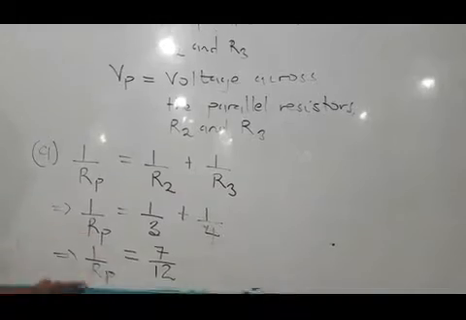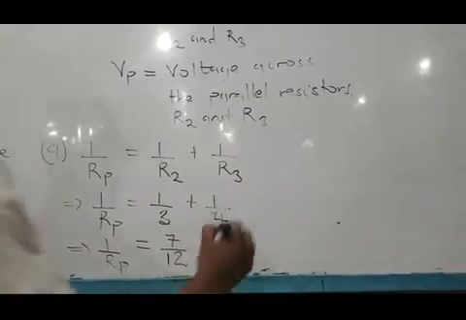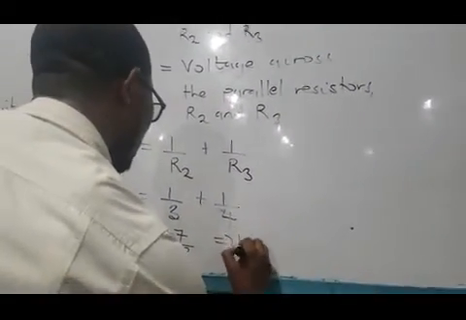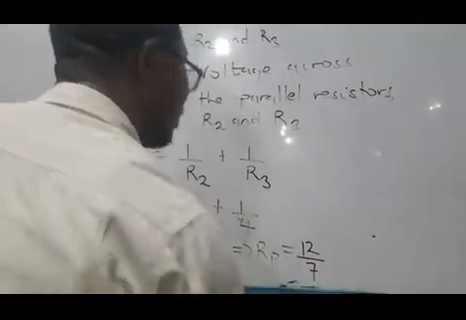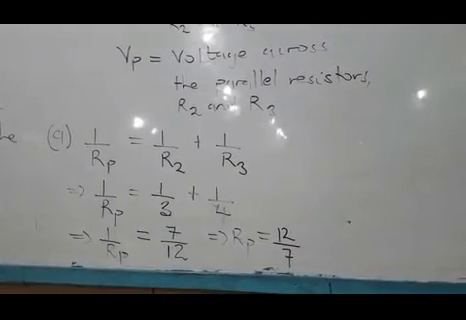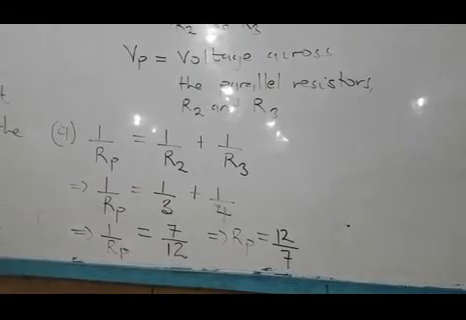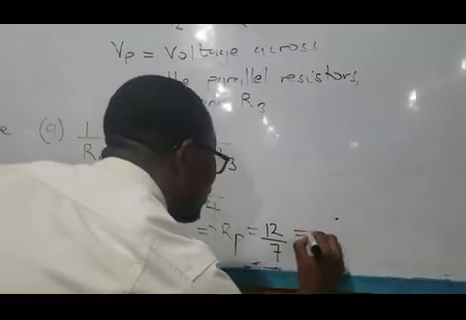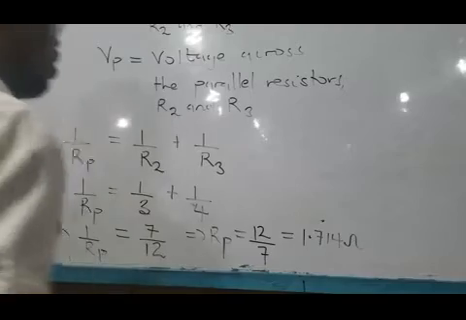So from here, 1 over RP is this. If you want RP, you find the reciprocal of this. So RP is equal to 12 over 7, and this is equal to 1.714 ohms.